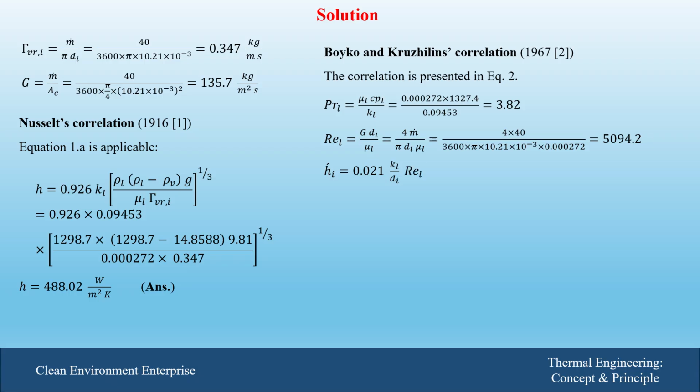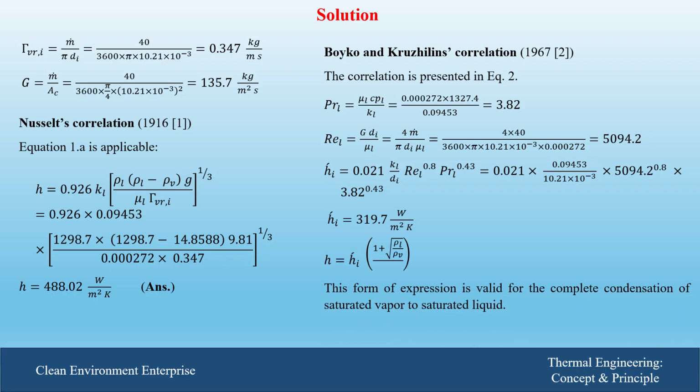Then the mean heat transfer coefficient, as explained in the previous part of this subject, equals 319.7 watt per meter square Kelvin. Of course, to calculate the heat transfer coefficient of condensation, we have to include the effect of the density variation as shown in the term between brackets, 1 plus square root of rho sub L divided by rho sub V, and the total is divided by 2.